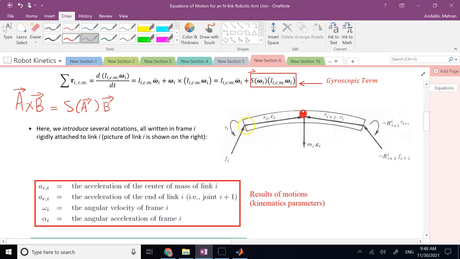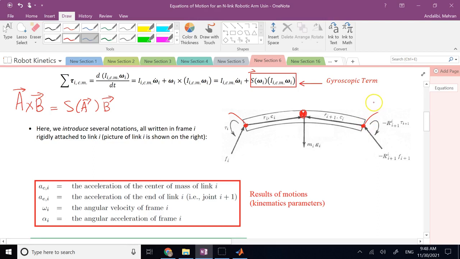And these 2 points here and here are the two joints that link has, and it's connected to the member before that and after that. So this one connects it to link number I-1. This one connects it to link I plus 1.